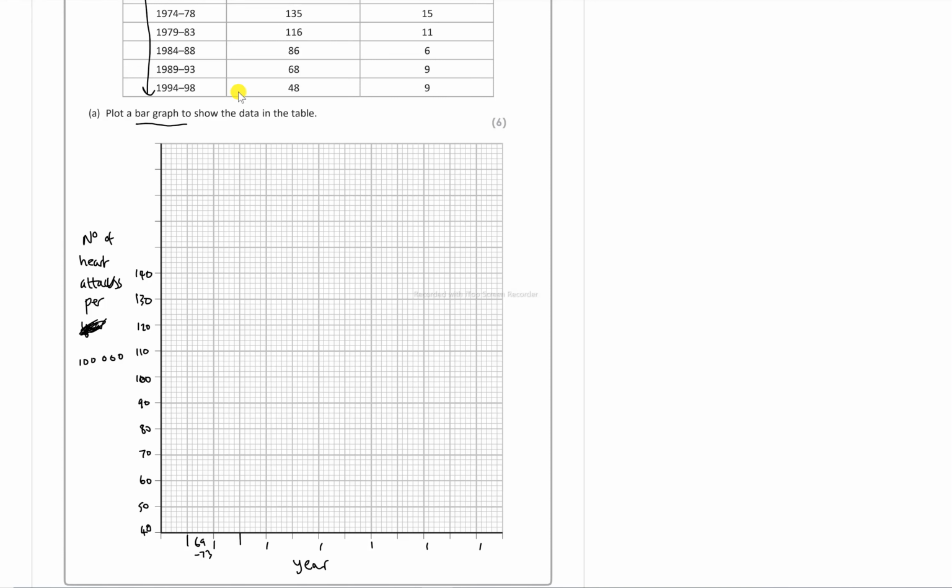We can stick 74 to 78, 79 to 83, 84 to 88, 89 to 93, 94 to 98. There you go. Now we just plot it.